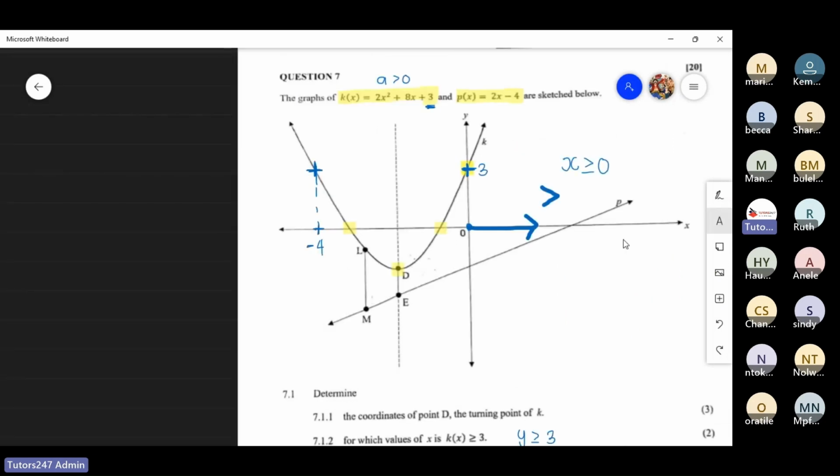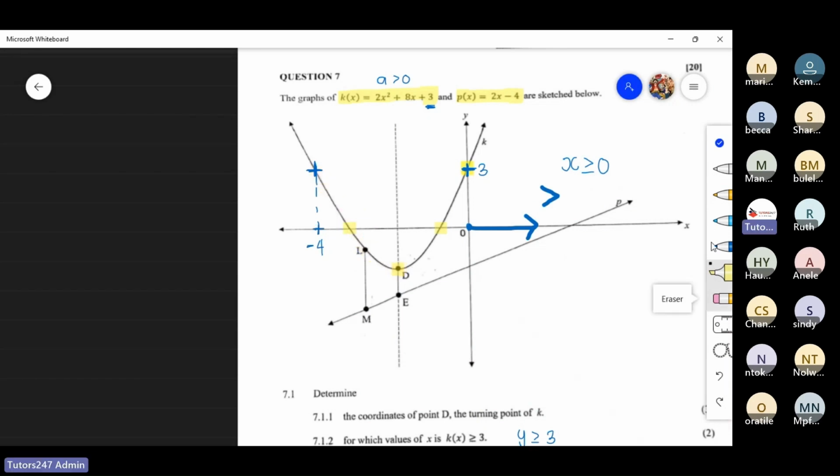As we move to the right, are our y values becoming greater than 3 or less than 3? So as you can see, as you move from the right of negative 4, the function's going down until that turning point, which means the values are becoming lower than 3. So we are not going towards the right.